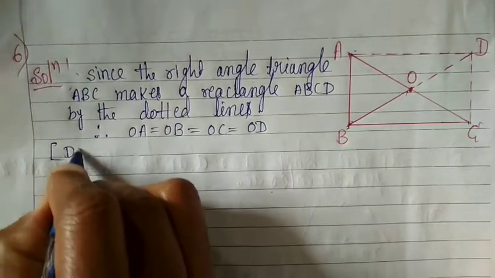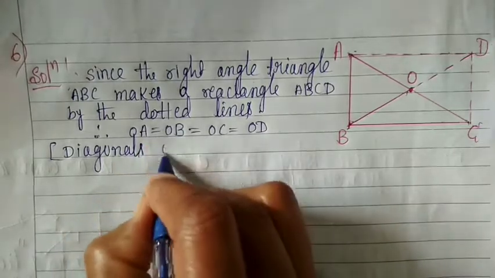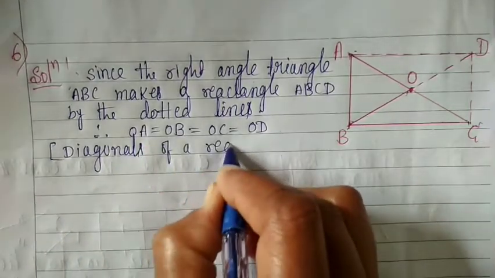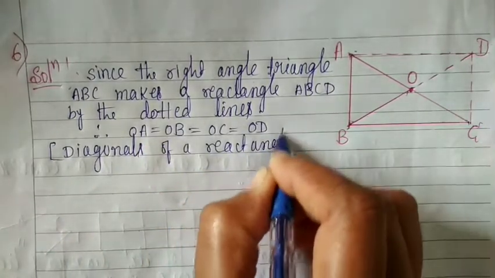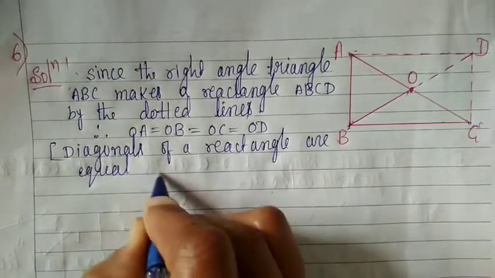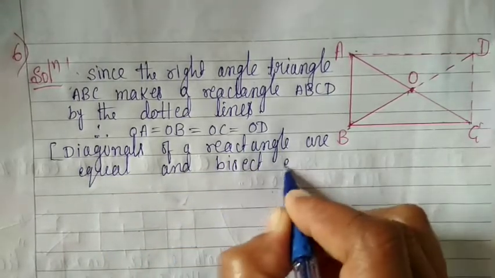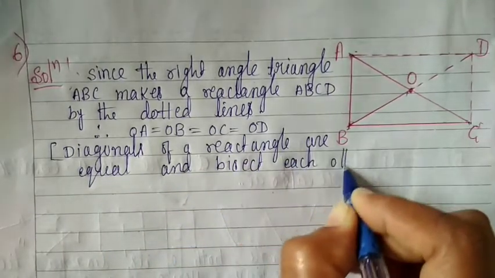Means, diagonals of a rectangle are equal and bisect each other.